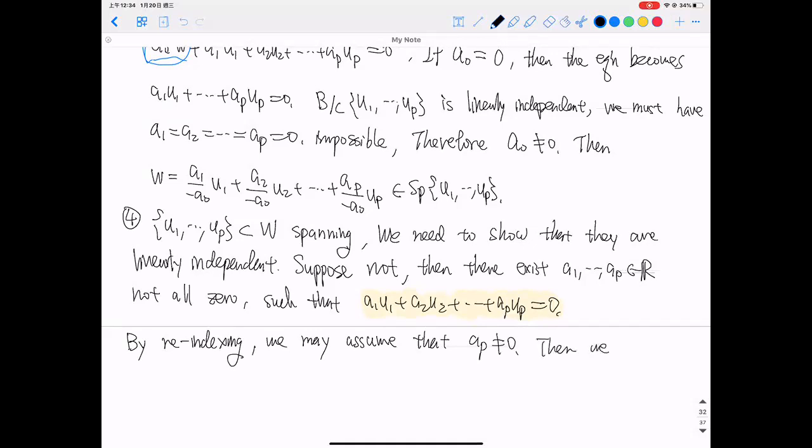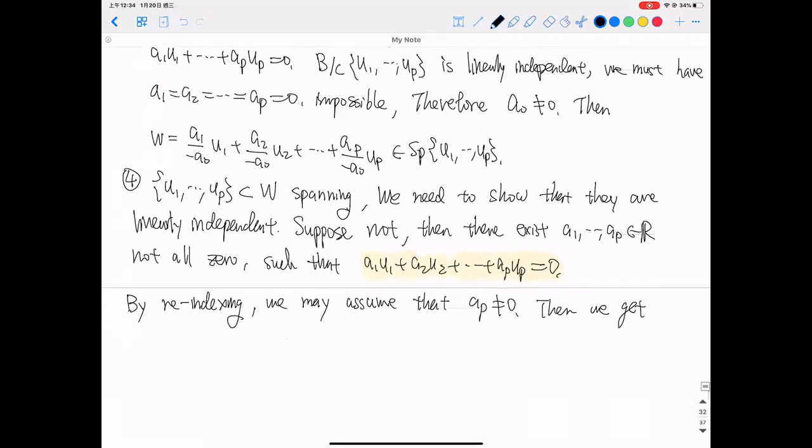Then what we can do here is to solve for up using this linear equation. Get up equal to a1 over negative ap u1, a2 over negative ap u2, up to a(p minus 1) over negative ap u(p minus 1).